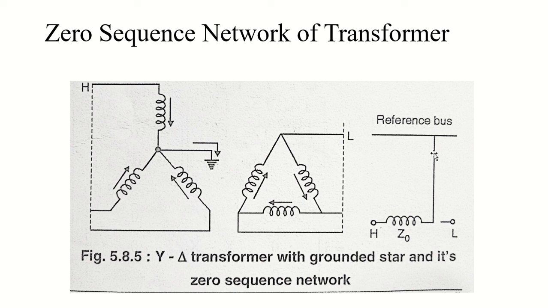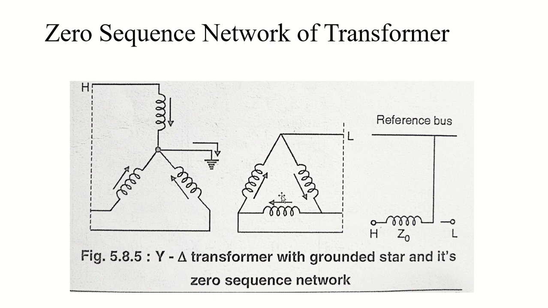But on the L side you can see there is an open circuit because of my delta side, right? If the star neutral is grounded through, let's say, some Zn, an impedance of 3Zn appears in series with Z0 in the zero sequence network.